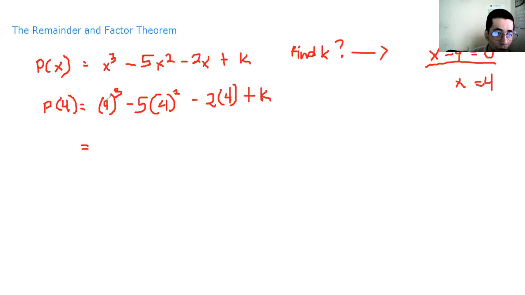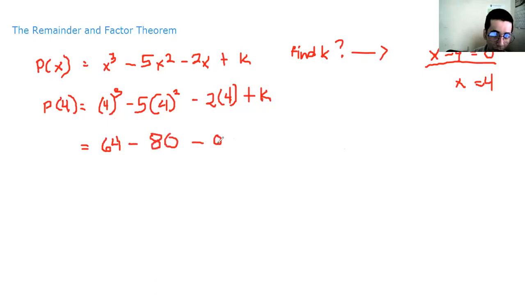So, 4 raised to 3, that is 4 times 4, 16 times 4, 64. Then, this will be minus na to. 4 times 4, 16 times 5, 80, minus 80.